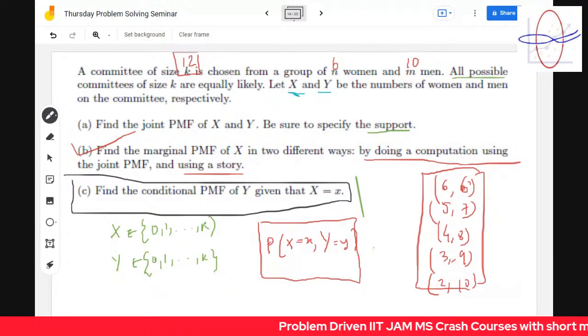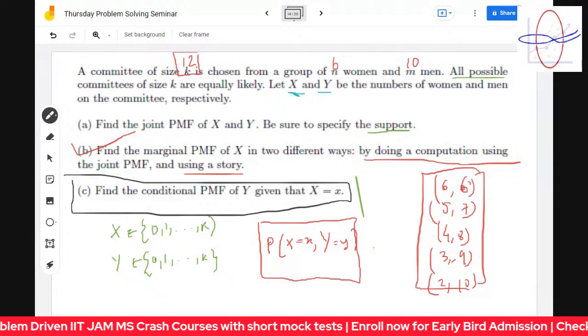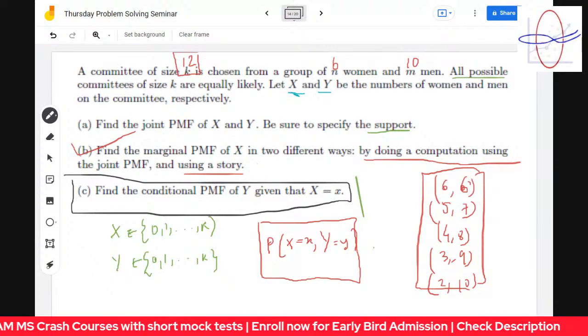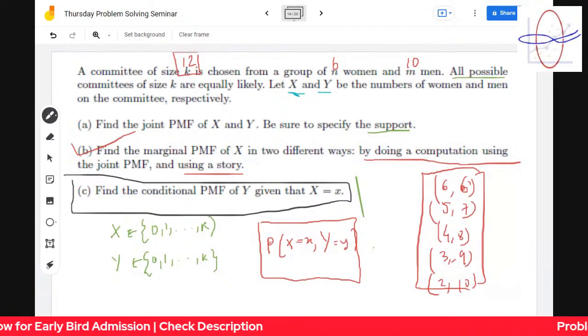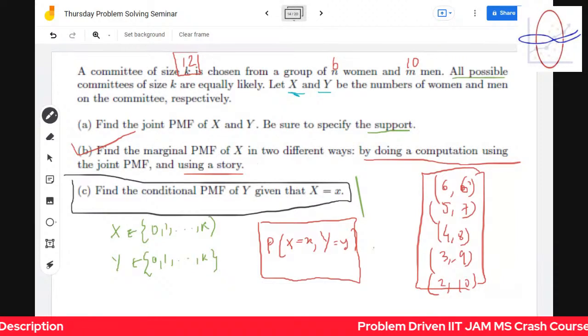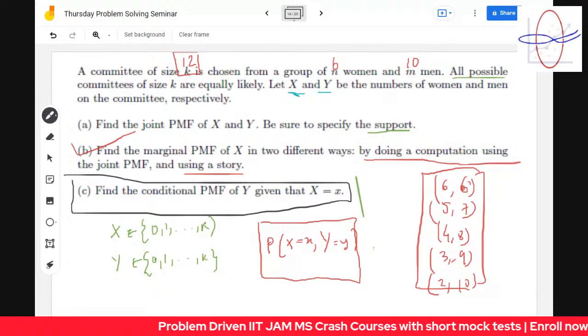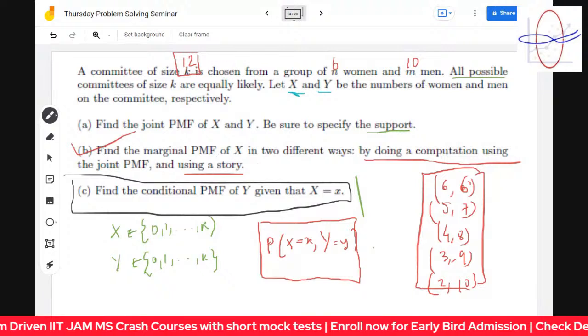Given X is equal to x, what is it? You have to find the probability that Y is equal to some y. But there is only one y possible, that is K minus x. The rest will be zero. So find it out, calculate it, and share it in the group.